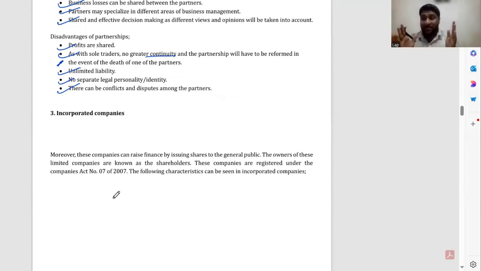Starting is extremely difficult. I told you about limited liability: business liability, let the business look after it. I am not responsible for that. It is a different person, a separate legal person, the owners are separate. It has a separate identity, not the same.